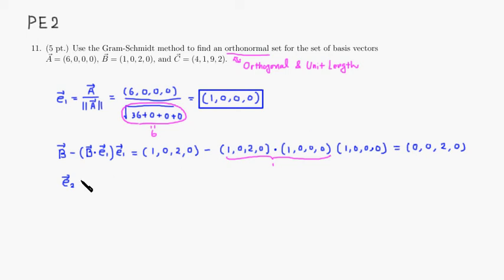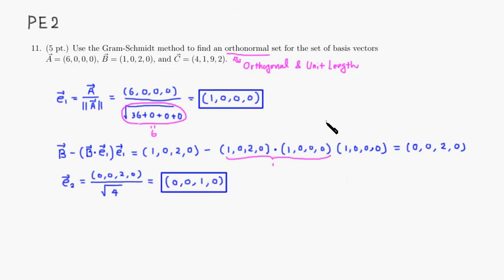So we have 0, 0, 2, 0 divided by the square root of 0 squared plus 0 squared plus 2 squared, which is 4, plus 0 squared, so that's 2. We end up with 0, 0, 1, 0. That's the second basis vector, now nice and unit length.